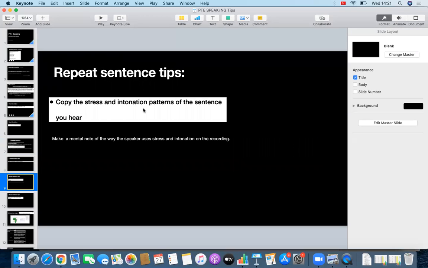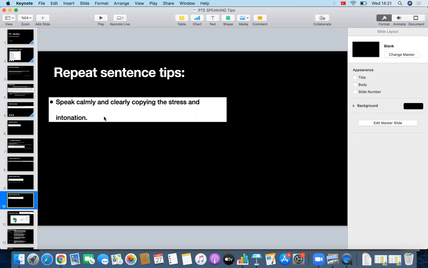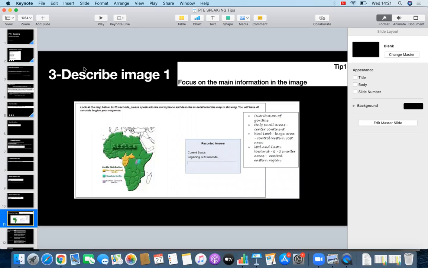And copy the stress and intonation patterns of the sentence you hear. You can make a mental note of the way the speaker uses stress and intonation in the recording. Repeat sentence tips: speak calmly and clearly, copying the stress and intonation. And one more tip, do not repeat if you did something wrong, just keep carrying on.